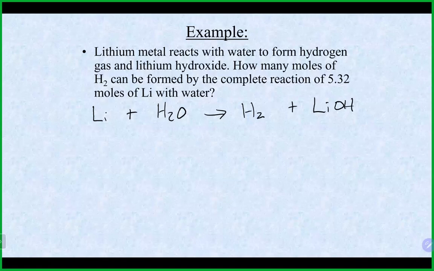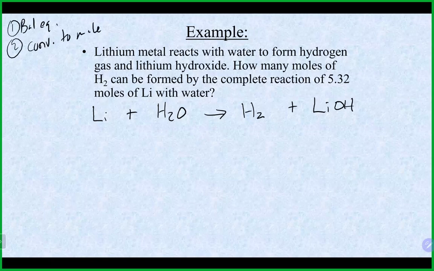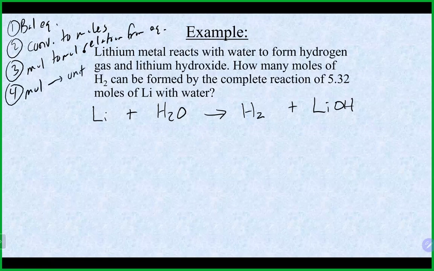Follow those 4 steps. You want to balance the equation, convert to moles, mole to mole relationship from the equation, and moles to some other unit. So when I tell you, just want to follow these 4 steps in this order.